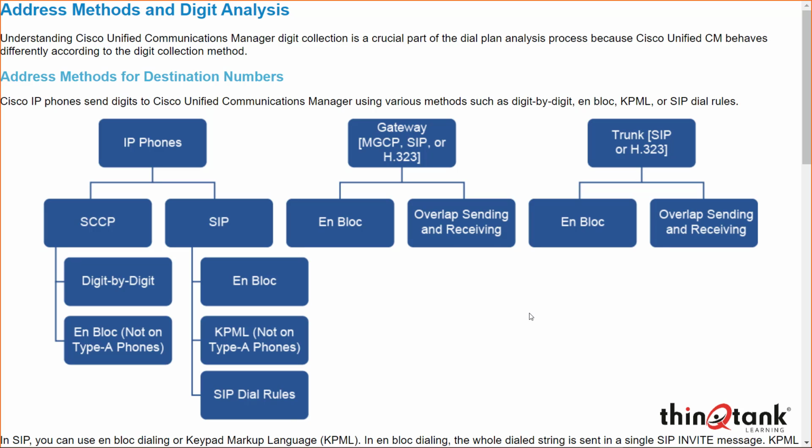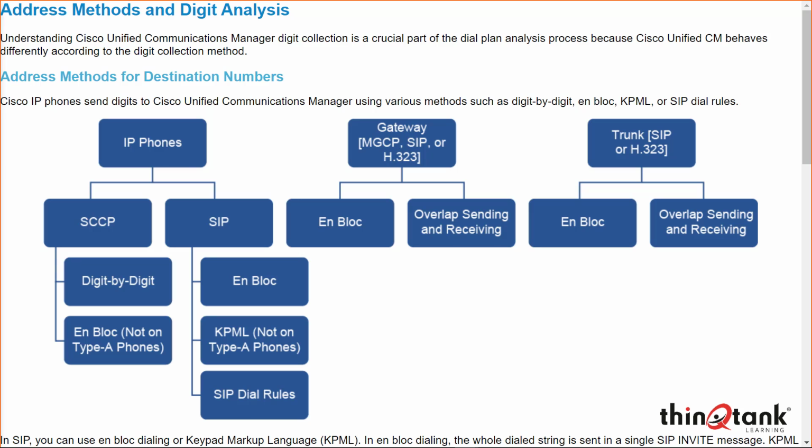SCCP, we have digit by digit analysis or en block dialing. With the gateways, if it's an MGCP gateway, a SIP gateway, or H323 gateway, we have en block, and we have something called overlap sending and receiving. I'll talk about that in a little bit as well.